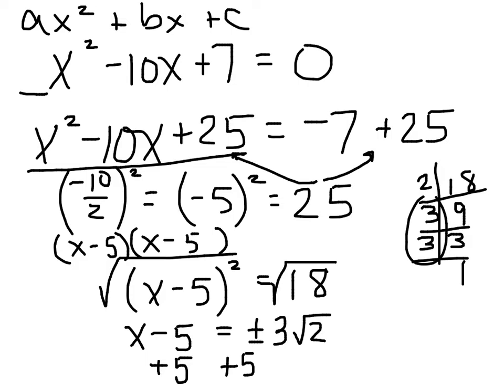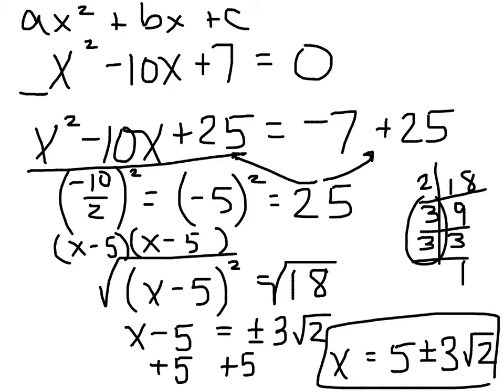No. When it's got 3 root 2, when it doesn't come out evenly, when it's not a perfect square like those other ones were, you've got to leave it as is. So my answer is 5 plus or minus 3 root 2. Done. What do you think of the completing the square method? If you follow the steps, you won't have it wrong.